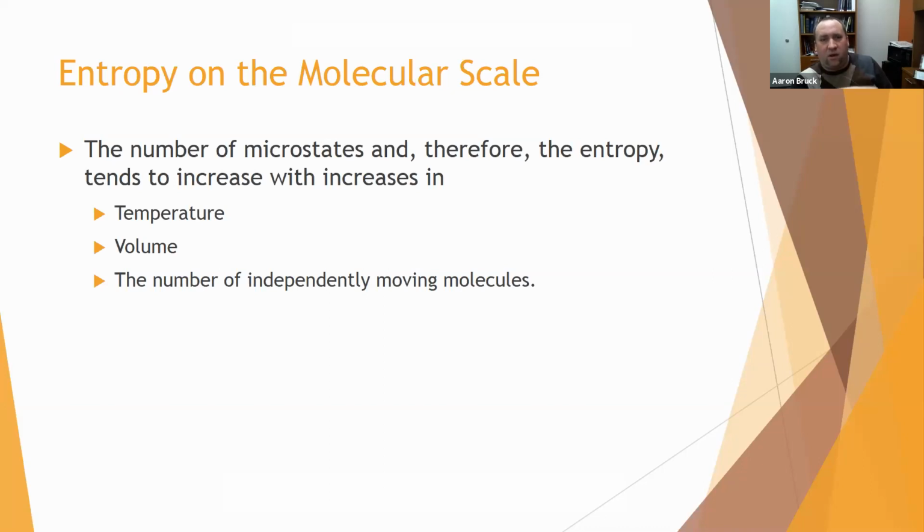Increases in volume: if I go from a small vessel to a larger one, I now have more room for those molecules to move around. They're going to have more unique ways to arrange themselves. And then finally, the number of independently moving molecules: the more molecules that I have, the more microstates, the more entropy I'm going to see.